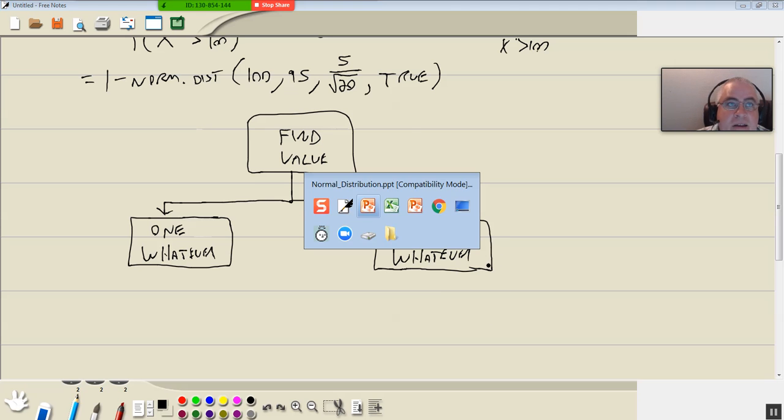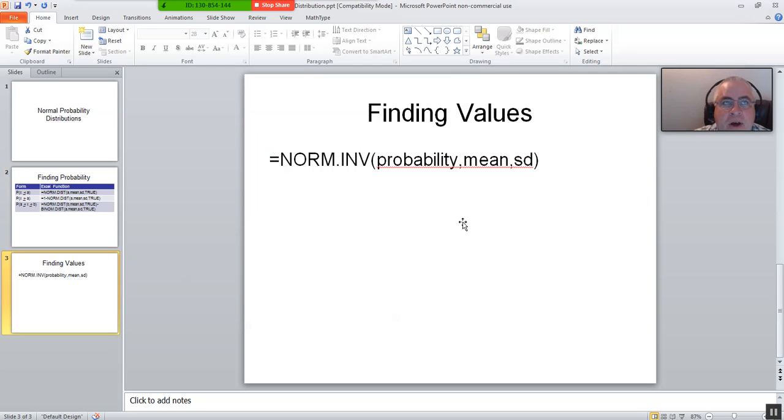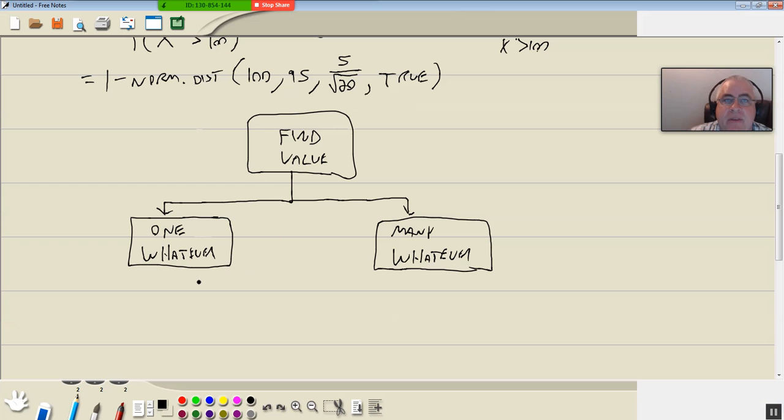This is based upon this formula here, where probability is the area to the left. So if you got 1 whatever, you're going to have NORM.INV, the area to the left, and then your mean, and then your standard deviation.